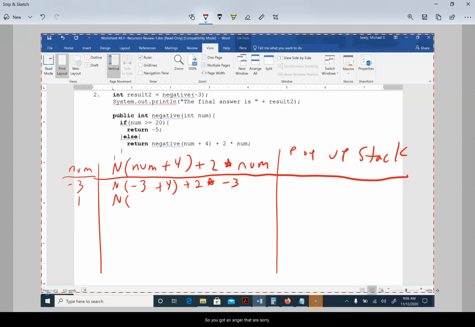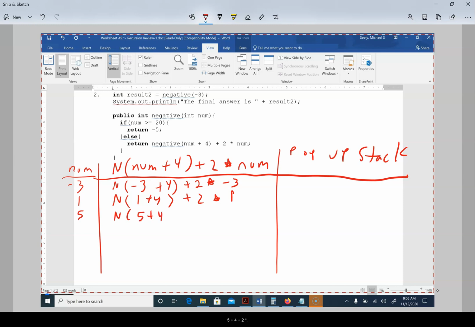So we got, sorry, 1 plus 4 plus 2 times, not negative, it's just 1. So this is 5.